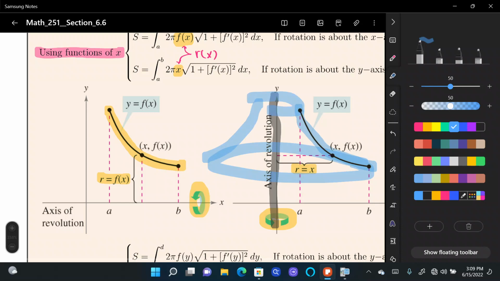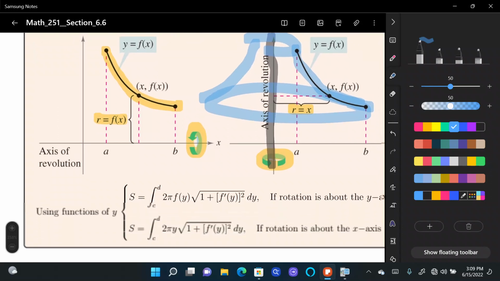In this case, we are going to have a horizontal amount of flavors given by x flavors, not f of x flavors. So that's the case when the rotation is about the y-axis, but still using functions of x.